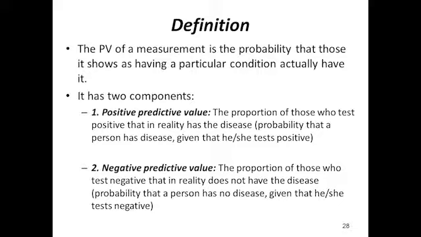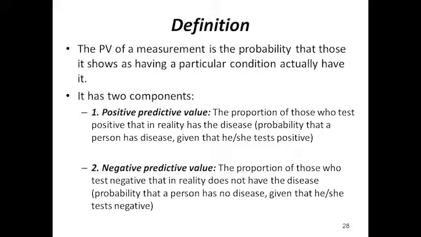You're not sure that they have the disease, but with your test, they've tested positive. So it is the percentage of those who test positive with your test that in reality have the disease. Or, using probability, it is the probability that a person has a disease given that she tests positive with your primary healthcare screening test.